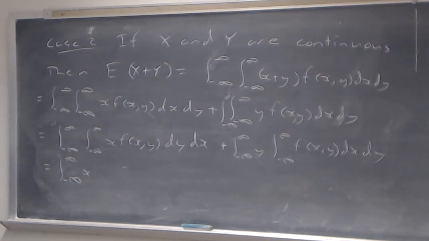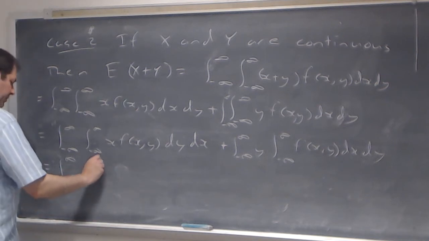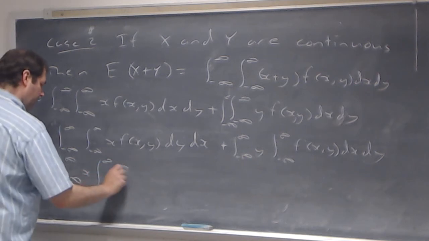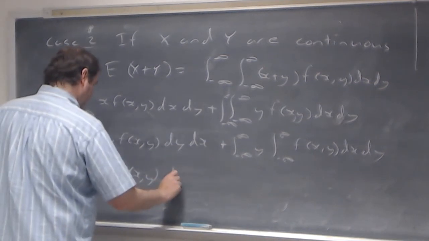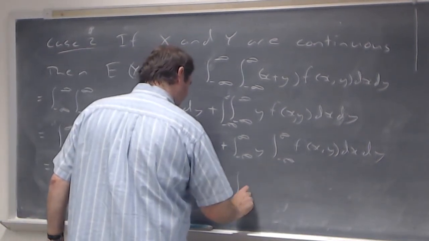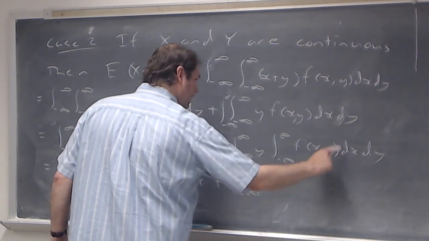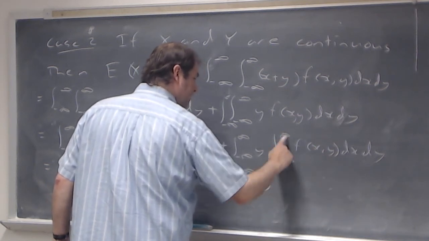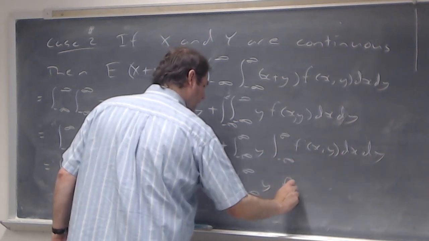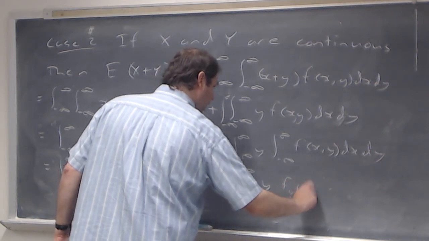You can't always switch the order of integration in general, but you can in these cases, but I'm not going over why. So here, this is x, the integral from minus infinity to infinity of f of x comma y, dy dx, plus, here this is the integral from minus infinity to infinity, this is y. Here, this inner integral is the integral from minus infinity to infinity of f of x comma y dx. That's nothing more than f sub y of y dy.